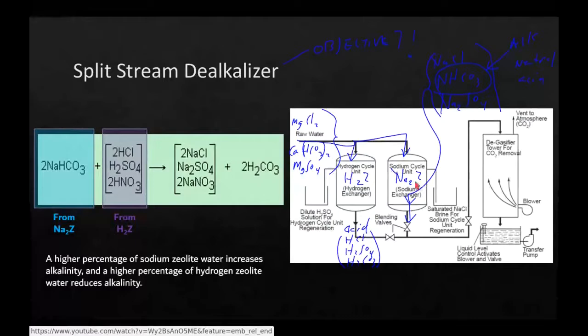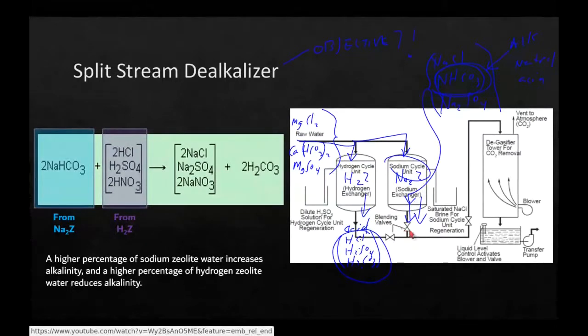So we take some of the effluent from the sodium zeolite, and the baking soda, the sodium bicarbonate, is actually going to neutralize all of those acids, as long as we've got the right proportion. So we have to have a particular flow going through the sodium zeolite and a particular flow going through the hydrogen zeolite.